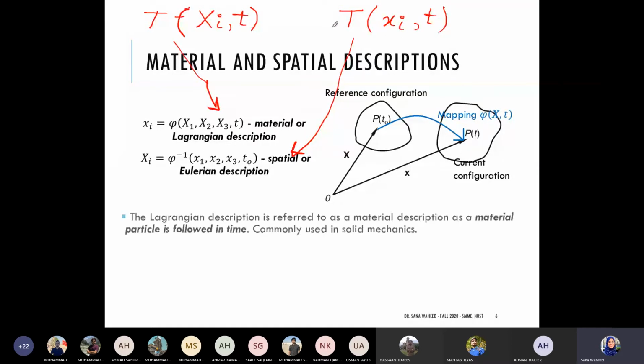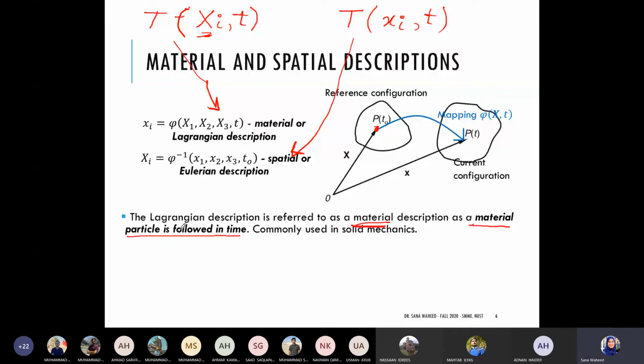Now, Lagrange description को हम इसलिए material description कह रहे होते हैं, इसलिए क्योंकि हम basically उसकी original reference position को use करके एक material particle की बात कर रहे होते हैं in time. कि रेफरेंस कॉन्फ़िगरेशन ये थी ना उसकी कि ये जो पार्टिकल है इसका क्या टेम्परेचर होगा at t is equals to 1, at t is equals to 2, at t is equals to 3, and so on. That is, we're following a material particle in time.